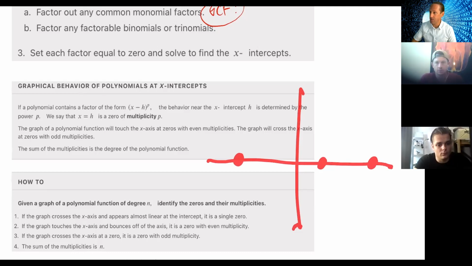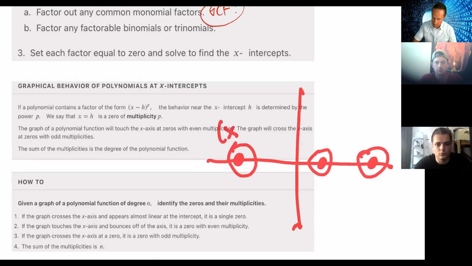Remember the even versus odd for end behavior? Remember, even was the same, odd was the opposite. And if we knew something about each one of these individually, their multiplicities we talked about, if those were even or odd, it also told us things, right?